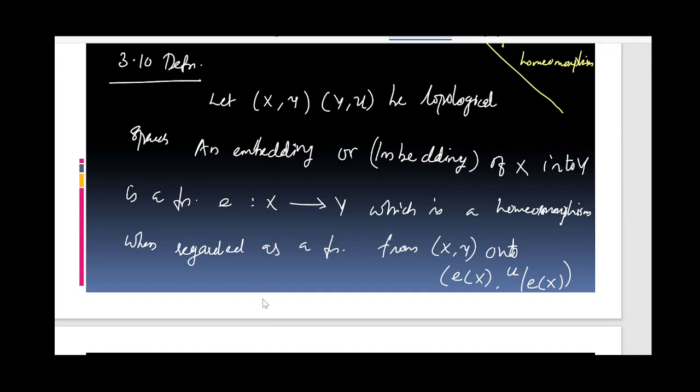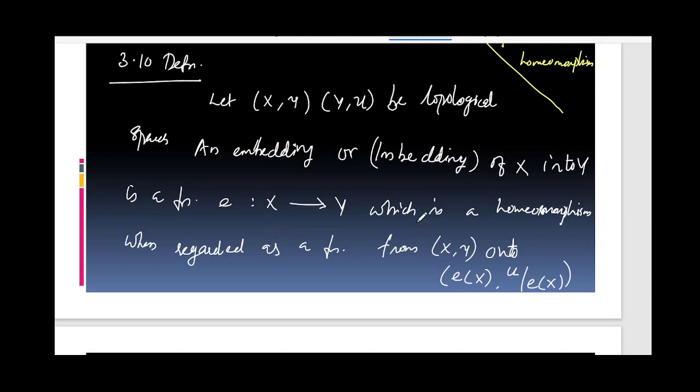So the definition says that you have X and Y, two topological spaces, and a map e from X to Y. When you restrict e to the range of X, if you get a homeomorphism, we say that e is an embedding.